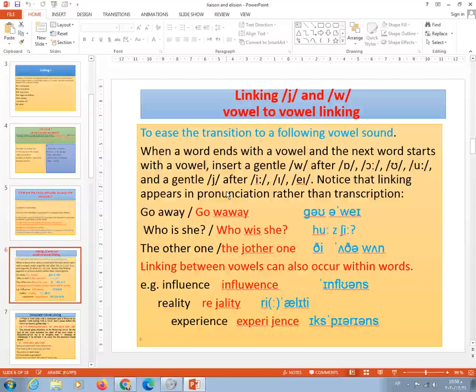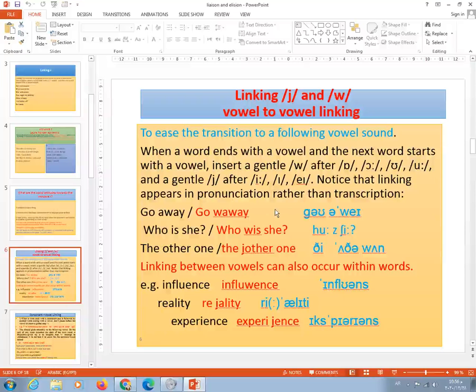Okay, so when we have a word ending with any of these vowels, we can insert a wa, and words ending with e or a, we can insert a ya if these words are followed by words starting with vowels.